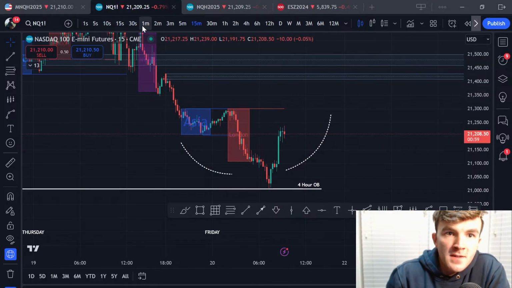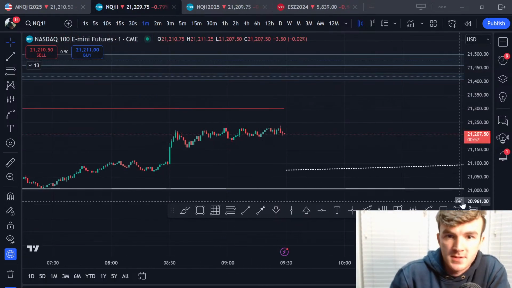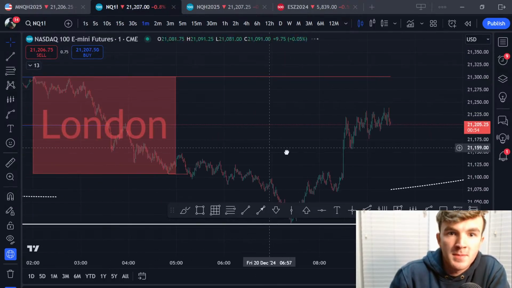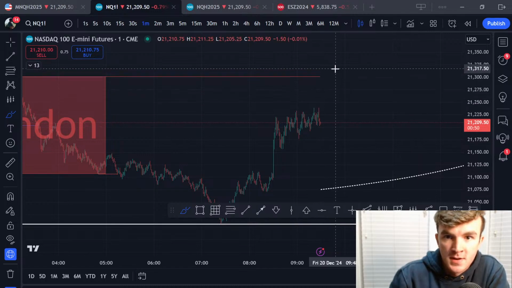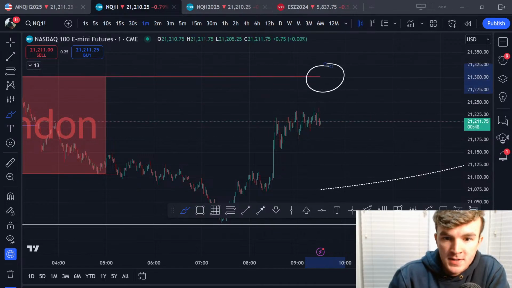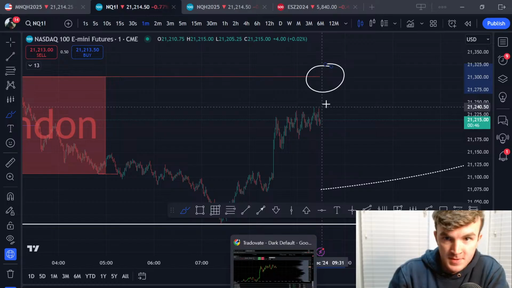Yeah, if I don't see anything obvious, there's nothing I can do. I'm just gonna have to wait. But I do think the market is drawing to this final buy side here. This is where the market is drawing to, possibly.